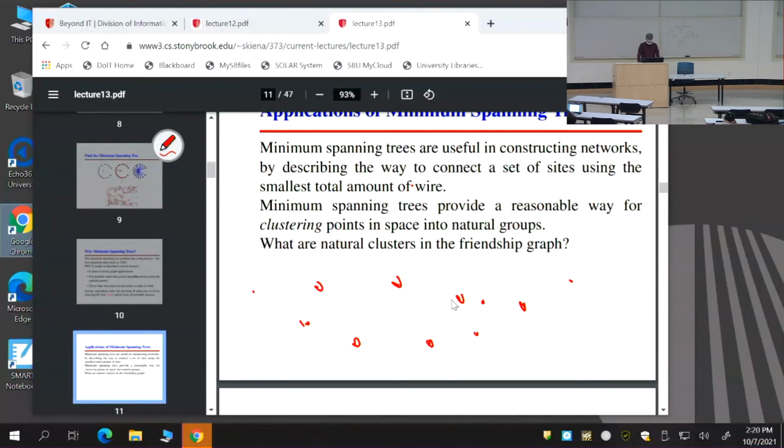What do you want to do? You have to dig wire under the ground to connect the houses, right? One possibility is to connect the houses like this. See, they're all going to be connected.